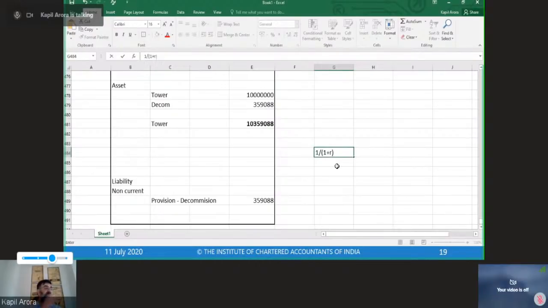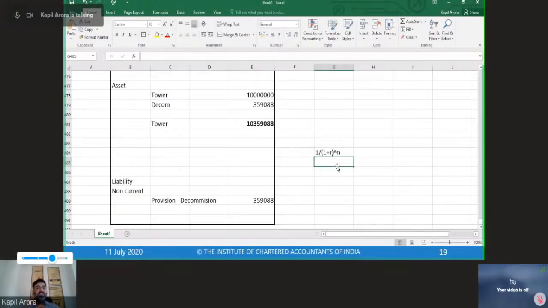If rate of interest is 8%, take 0.08. Right? Means 8 upon 100. So whatever the rate of interest would be, that would reflect here, raised to power n. N means number of years. So that is the discounting factor which we use for the present value calculation. So this is how we deal with the expected decommissioning which is happening.